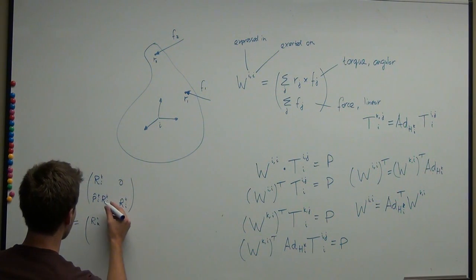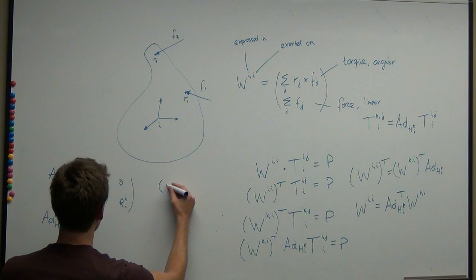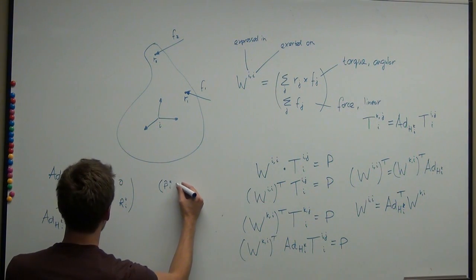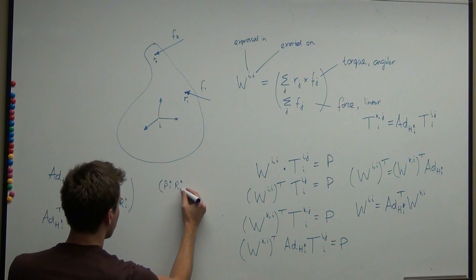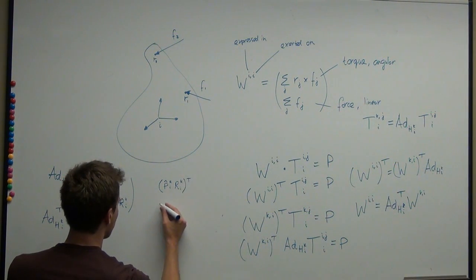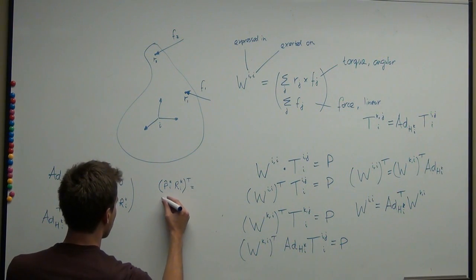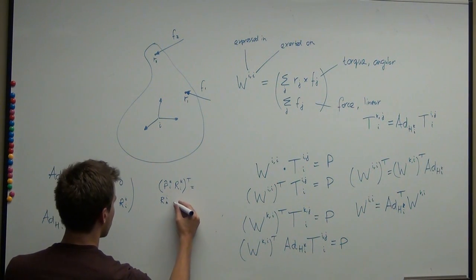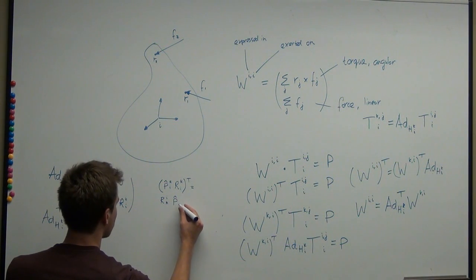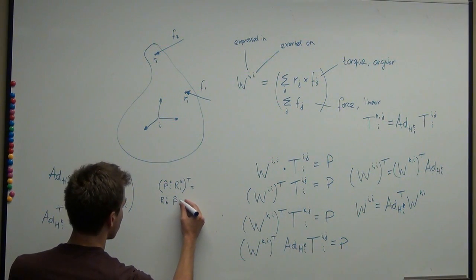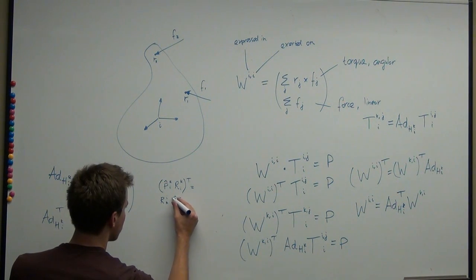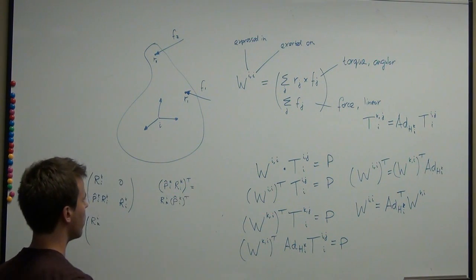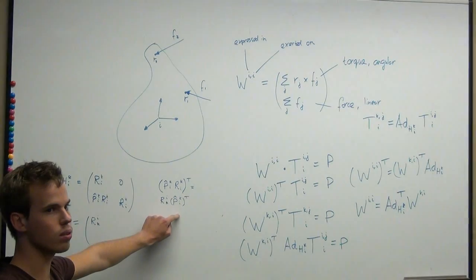Just as a side note, V hat_K,I R_K,I transpose equals R_I,K V hat_K,I transpose. And so this is a skew symmetric matrix.